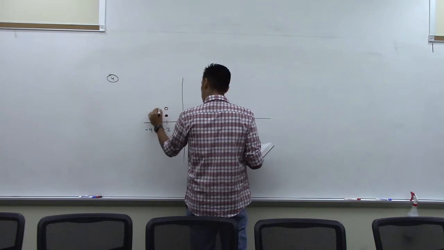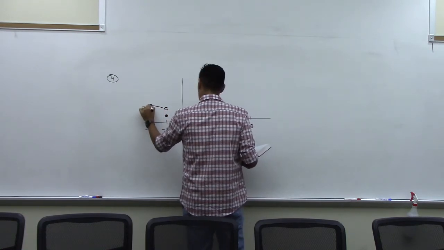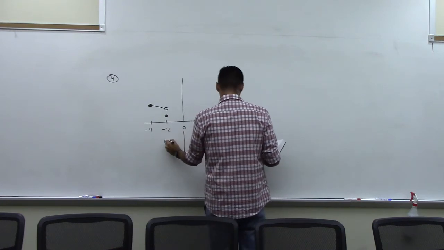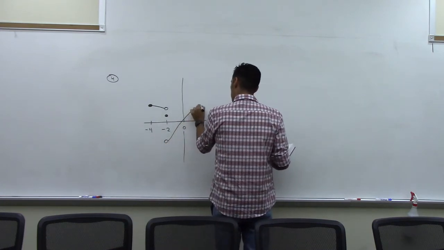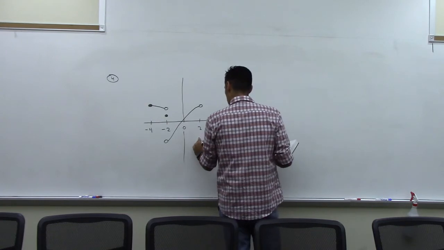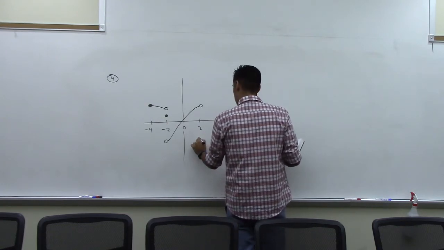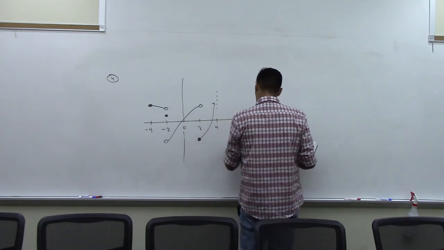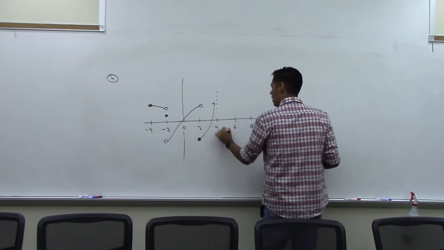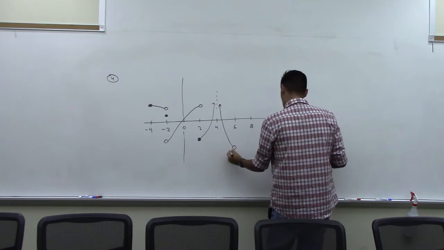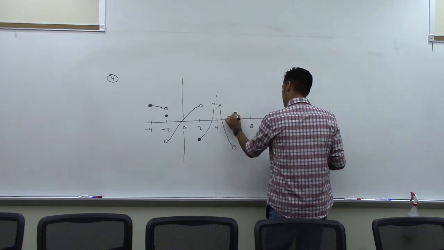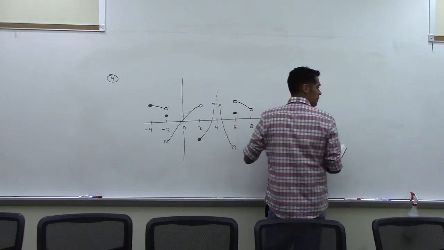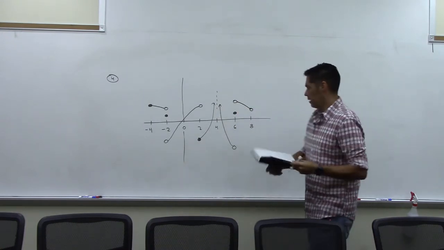Circle opened up, goes over here, dot. Open circle down here, goes up through here, like that. Dot down here. Looks like we have an asymptote here. Okay, that looks like it right there.